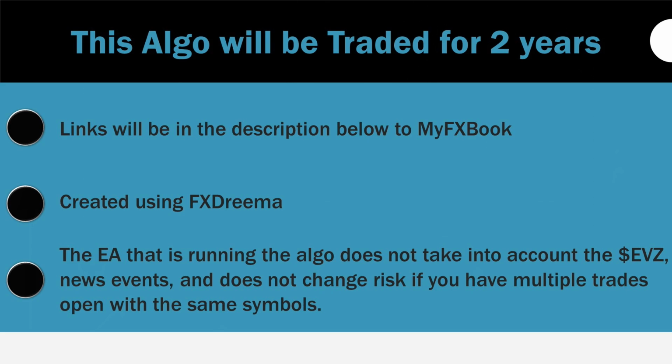The link is going to be down below in the description, and I'm doing it on 3 different broker accounts: Oanda, IC Markets, and Dukascopy. That's more of a long-term experiment to see if the exact same settings on indicators vary a lot between different brokers.